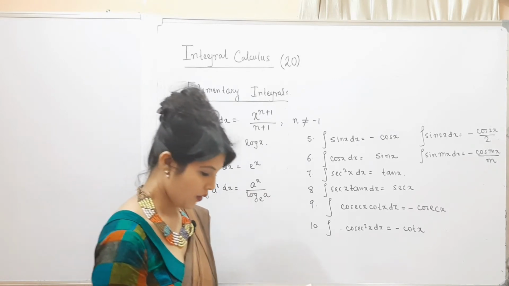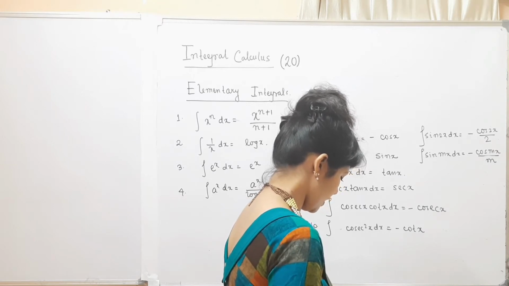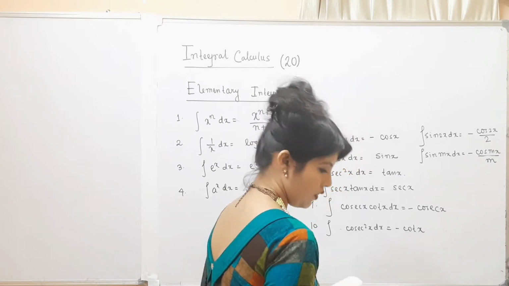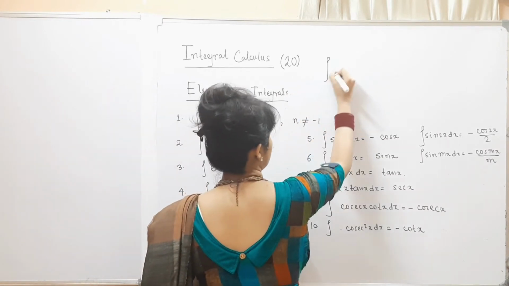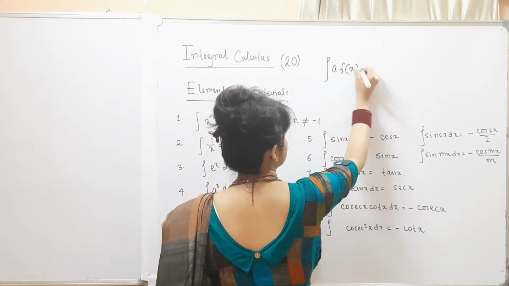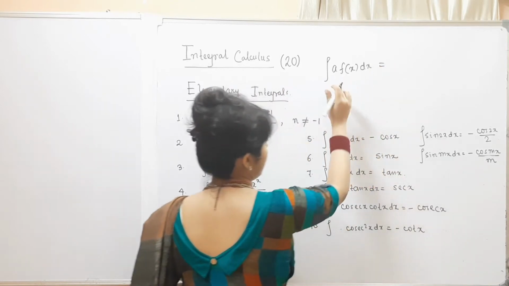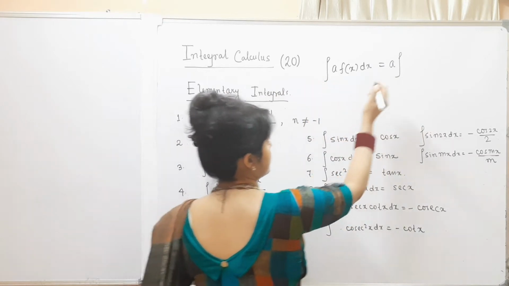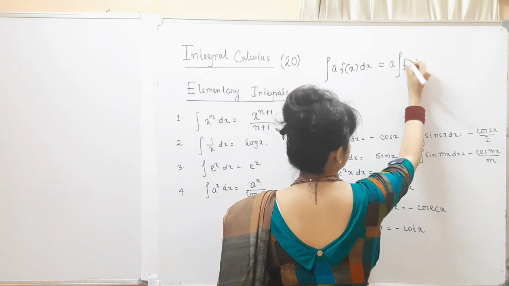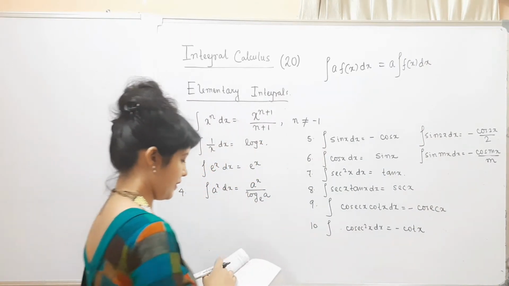Now I am coming to my next portion. There are two very elementary results also. That is, if integration a into f of x dx, where a is a constant, then you can take a out of the integration symbol, and it will give you a into integration f of x dx.